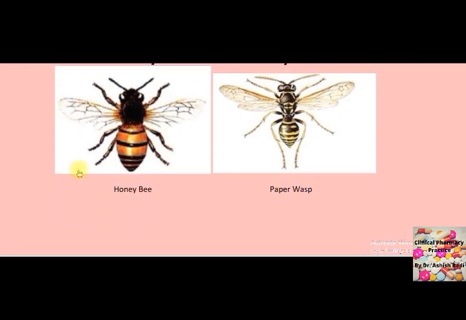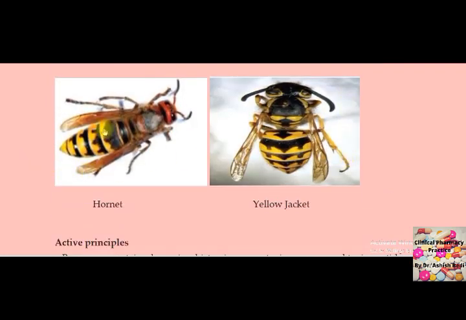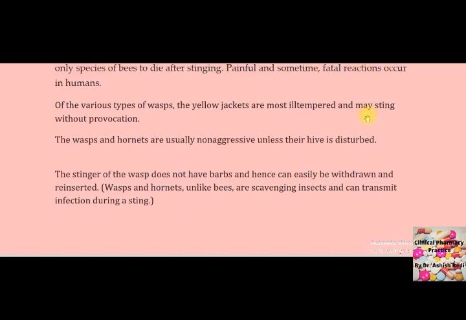Here you can see this is a honeybee. It is very common, and this one is a paper wasp. There are slight differences in their structures. Here you can see a hornet. The hornet is also very common, and the yellow jacket. This yellow jacket is very ill-tempered, and you must know about this yellow jacket also.